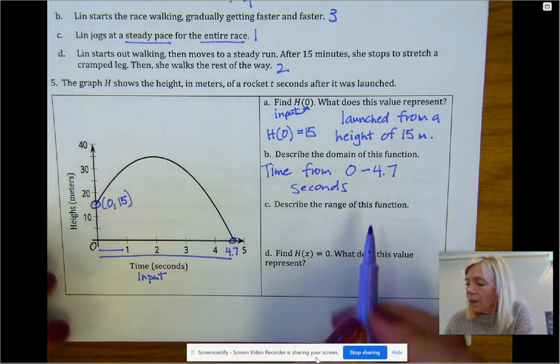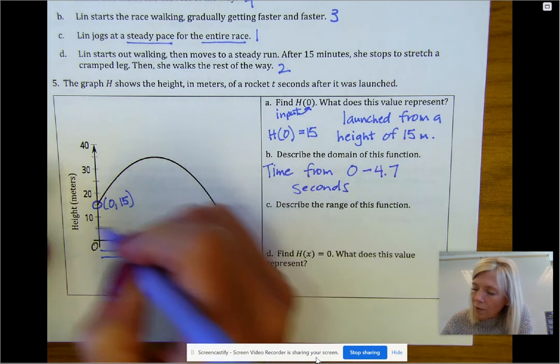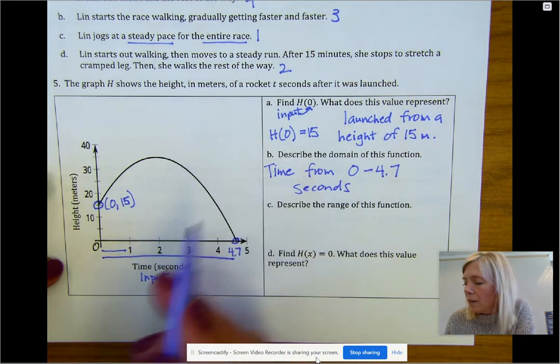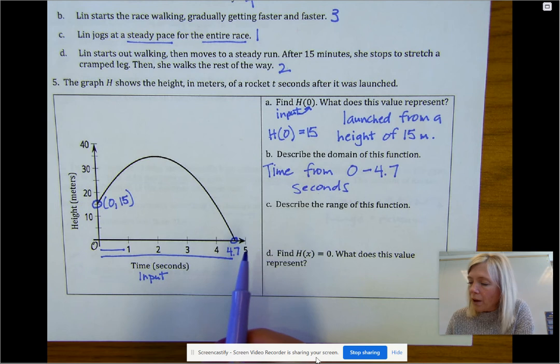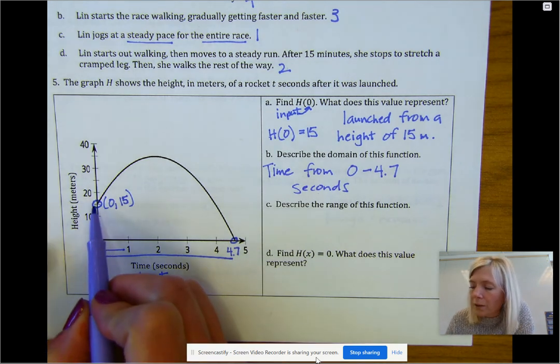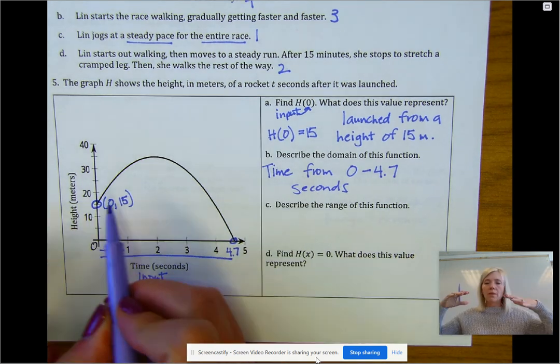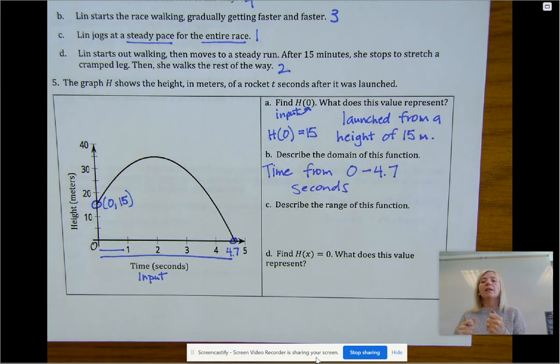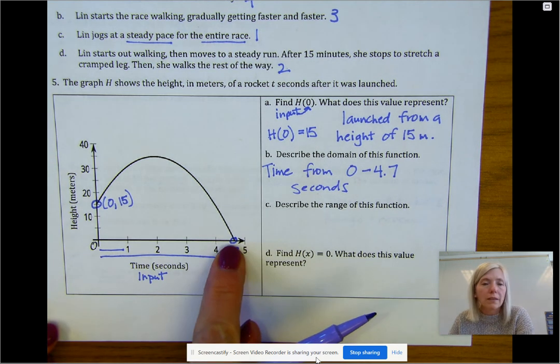Okay, and then the range. So the range is the set of all output values. And although the rocket launched from a height of 15 meters, we want to say what's the lowest height to what's the greatest height that the rocket took. Okay, so the lowest height is when it landed on the ground over here at a height of 0.